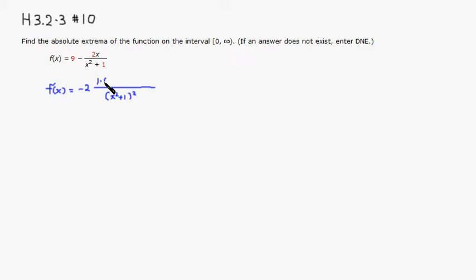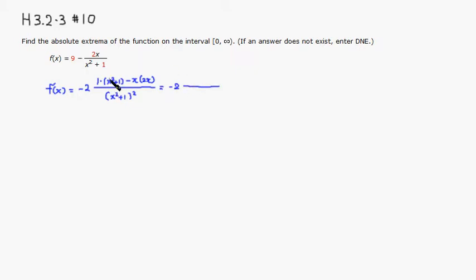times the denominator, so quantity x squared plus 1, minus x times the derivative of the bottom, which is 2x. Right? So then we can simplify this. You have a negative 2 here.